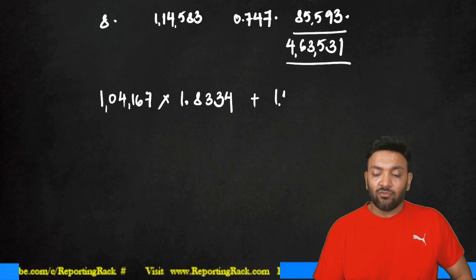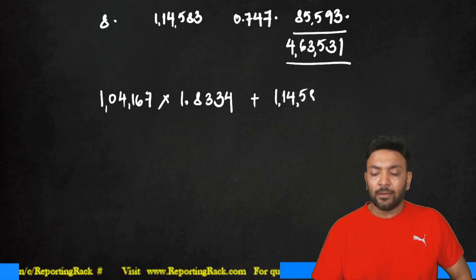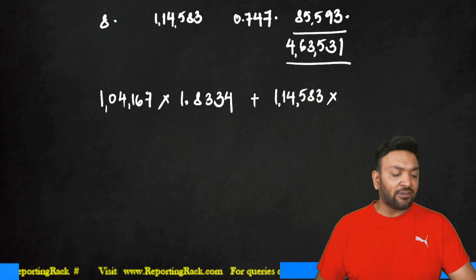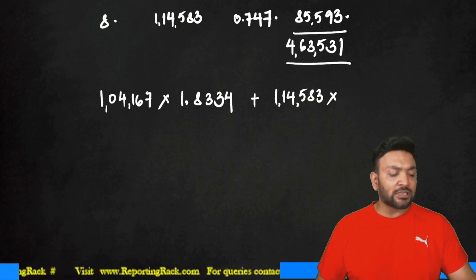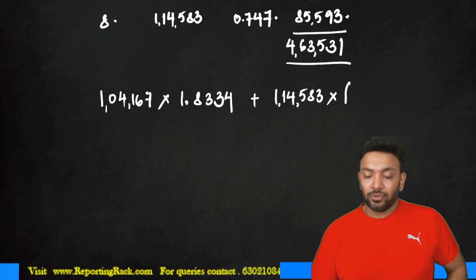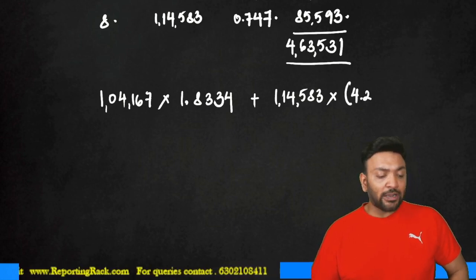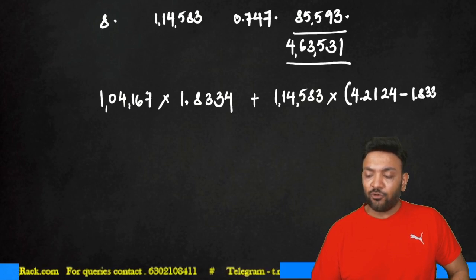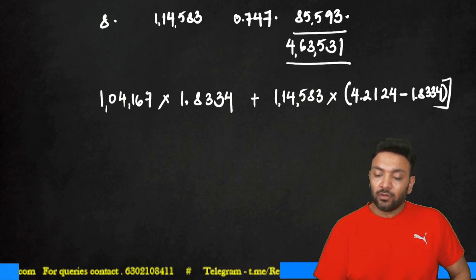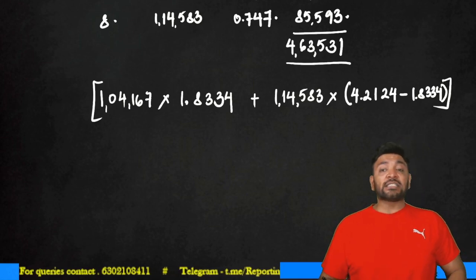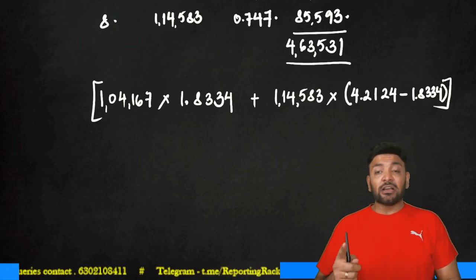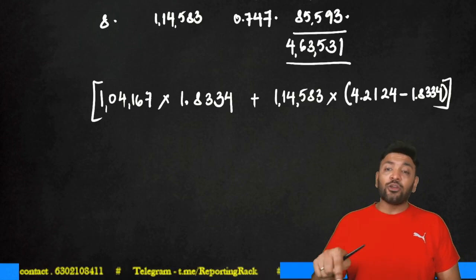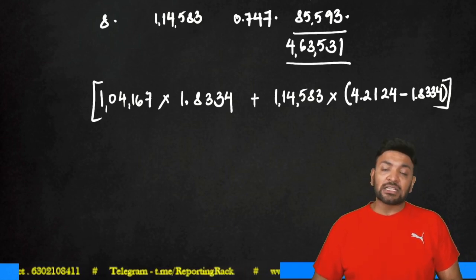Plus 1,14,583 multiplied by present value annuity factor, 4.2124 minus 1.8334. When I want 3 to 5 years, first calculate for 5 years, then reduce it by the first 2 years. That is how you will get it.